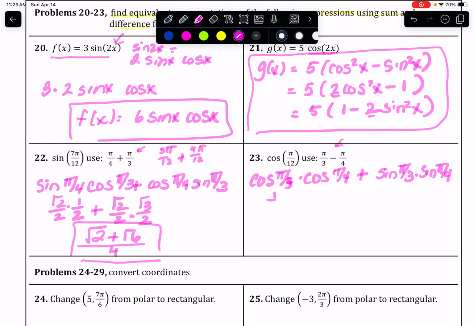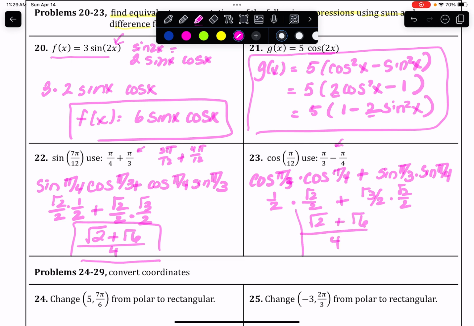So this would be 1/2 times the square root of 2 over 2 plus the square root of 3 over 2 times the square root of 2 over 2. And you get the same thing, square root of 2 plus the square root of 6 over 4.